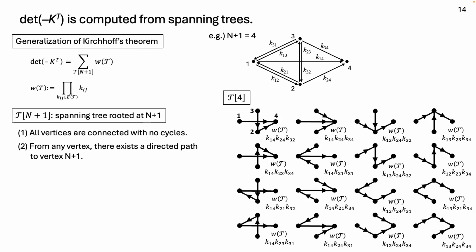And for this subgraph, W(T) is K14 times K23 times K34. So you can calculate W(T) using this graph.